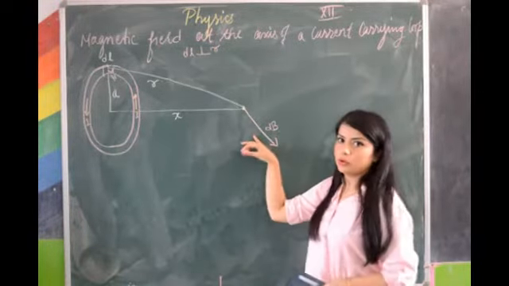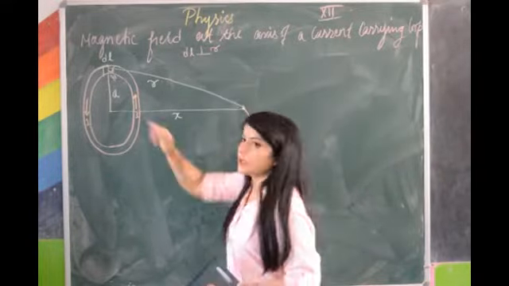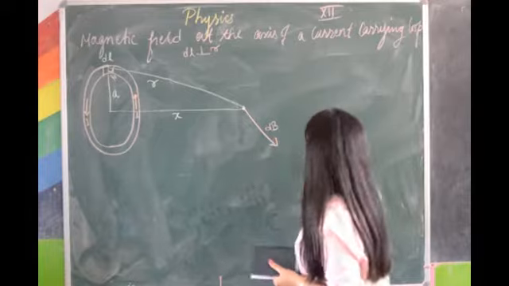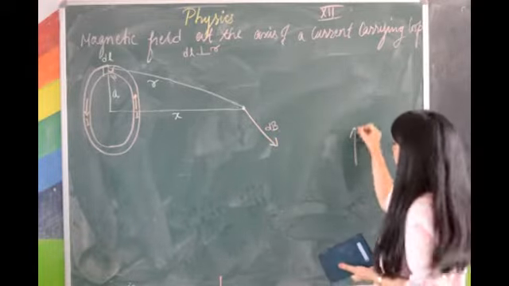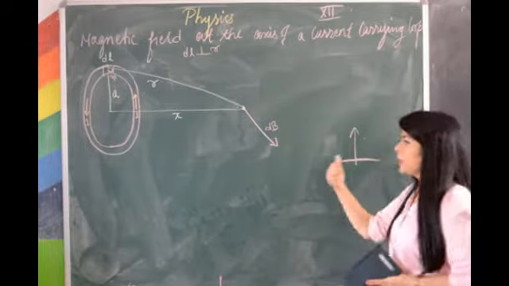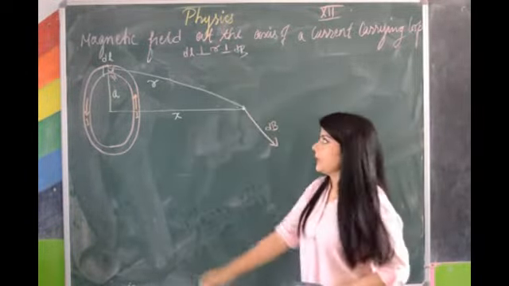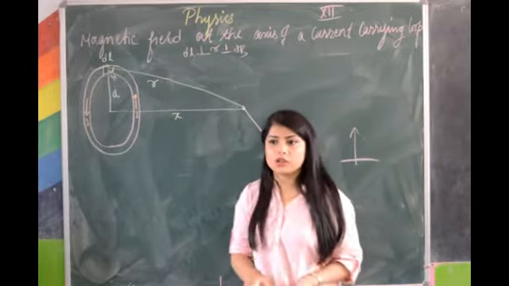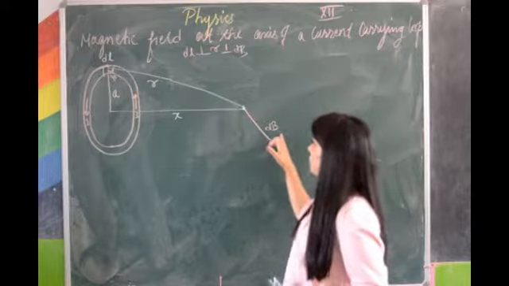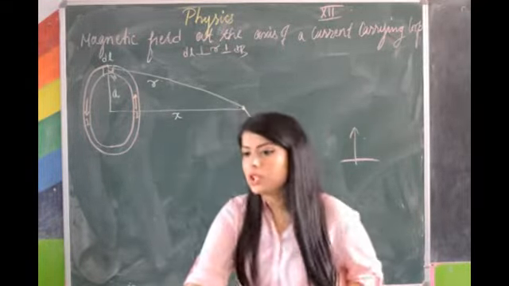According to the right hand thumb rule, if current is flowing upward, the magnetic field is perpendicular. So this dB is also perpendicular to r. These three things are perpendicular to each other. You need to imagine those things. Okay, it's very crucial to imagine all of these. r and dB are perpendicular to each other, and dl and r are also perpendicular to each other.